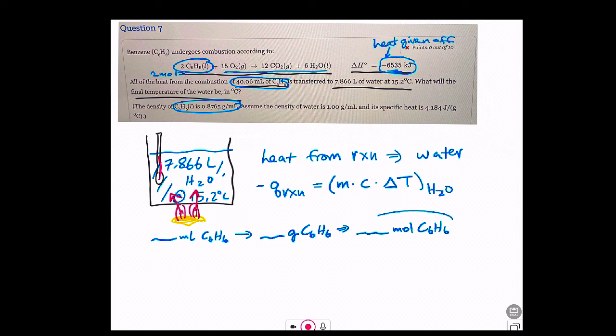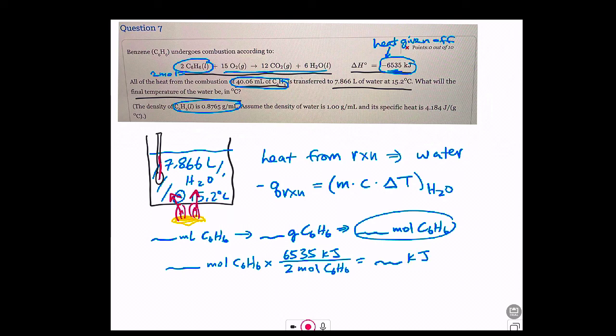So you can take the moles of benzene, whatever that turns out to be, and then note that there are 2 moles of benzene per every 6,535 kilojoules of energy given off, and that will then be some number of kilojoules of energy.